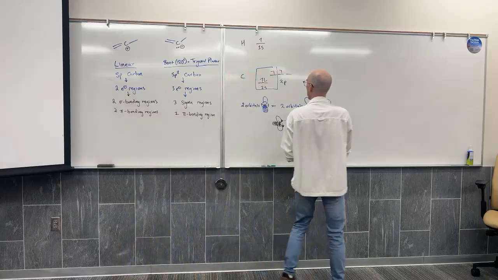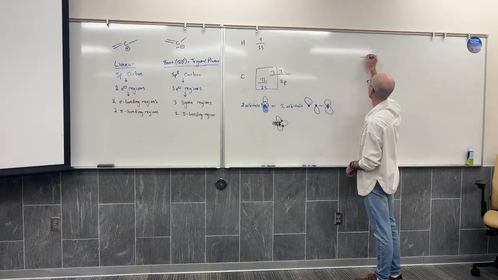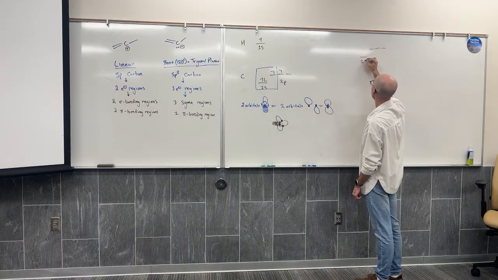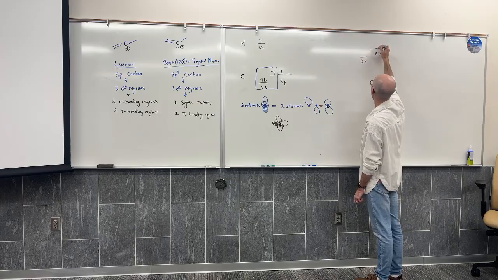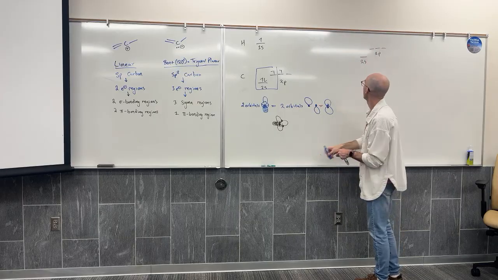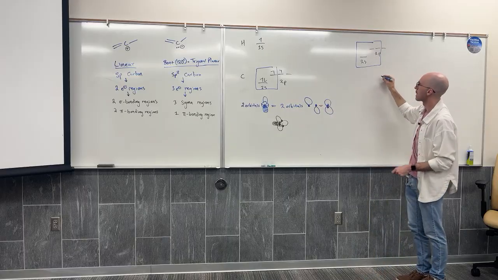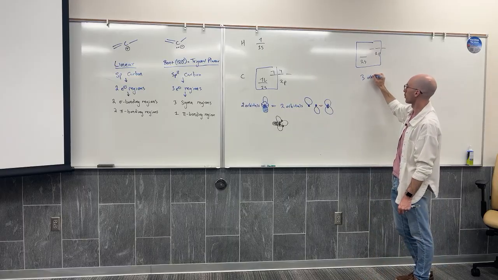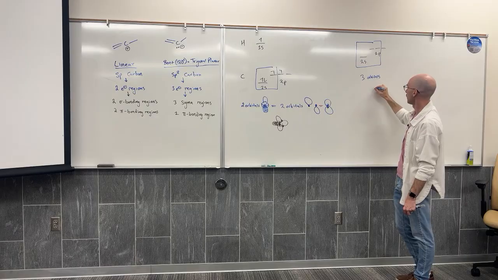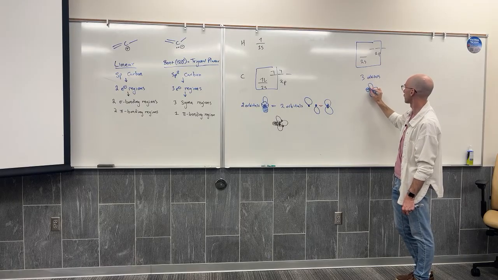So let's take a look again from our free atom. What happens when I take s, but this time with 2 p orbitals? If I have 3 orbitals coming in, then I need to get 3 orbitals going out.